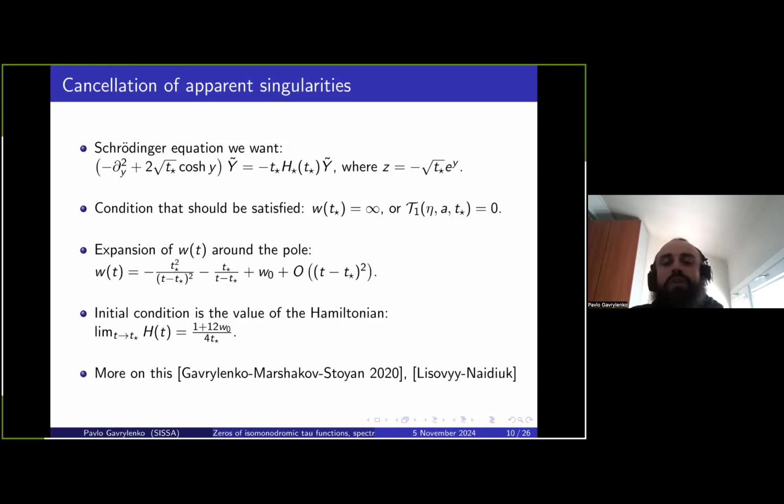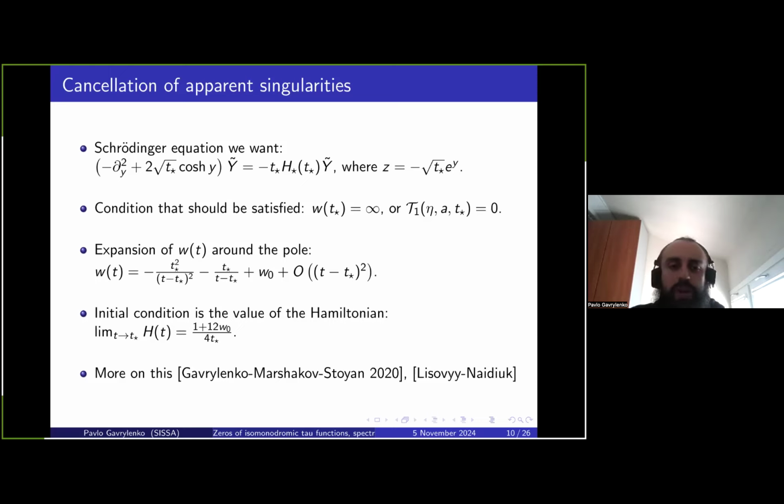And it's enough because it's a second order equation. So there is this point and there is this solution. And also I forgot to say, but it's written that if you go precisely to t equals t star, this potential will be cosine or cosh, and the value of the energy is given by the value of this Hamiltonian.